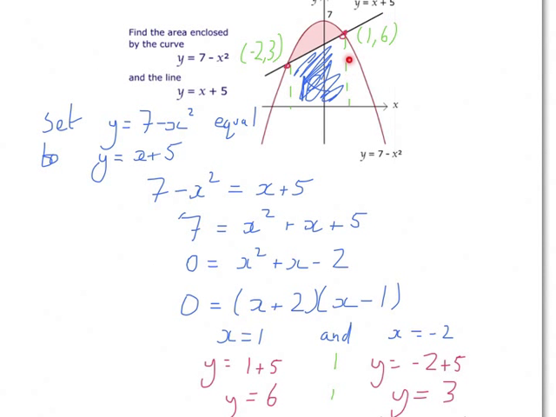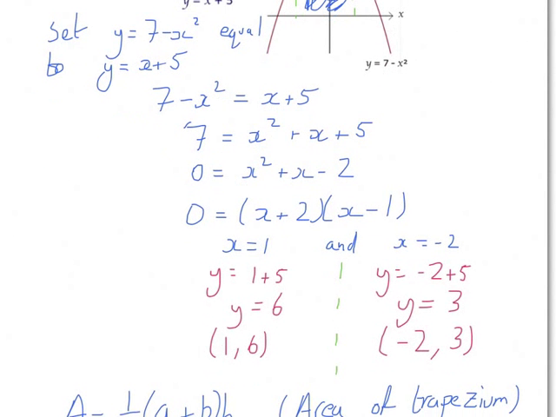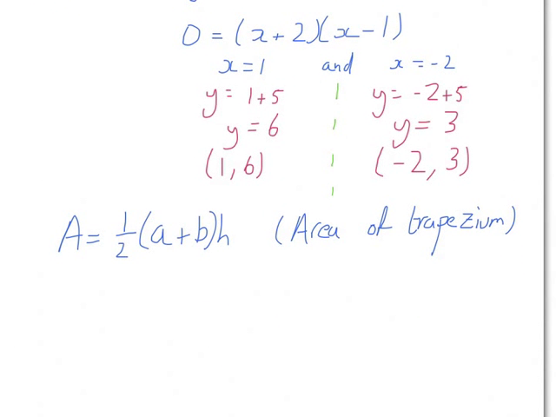For this one here, it is the y coordinate, which is the 6, and for this one here, it is the y coordinate, 3. So our two parallel sides are 6 and 3, and then we need to find the height between the two, which is the difference between minus 2 and 1, which is 3. So our A and our B are 3 and 6, and our height is also 3.